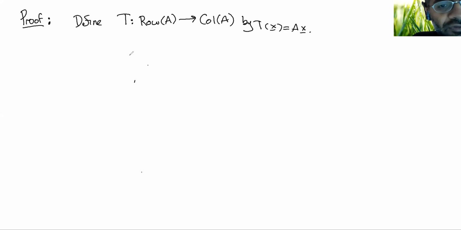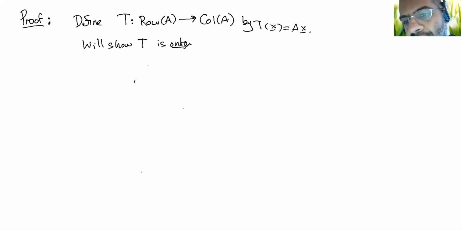Now we will show T is onto, and we'll get one-to-one for free at the end because the dimension is the same. Let's just show it's onto.